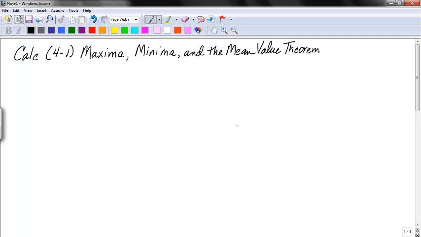Marginal cost was the first derivative of cost, and it's a way you can predict or estimate the cost of producing one more of something. If you do the actual cost of producing one more and do the first derivative, marginal cost, they are very close. Marginal cost is an estimate of producing one more of something that you're making.